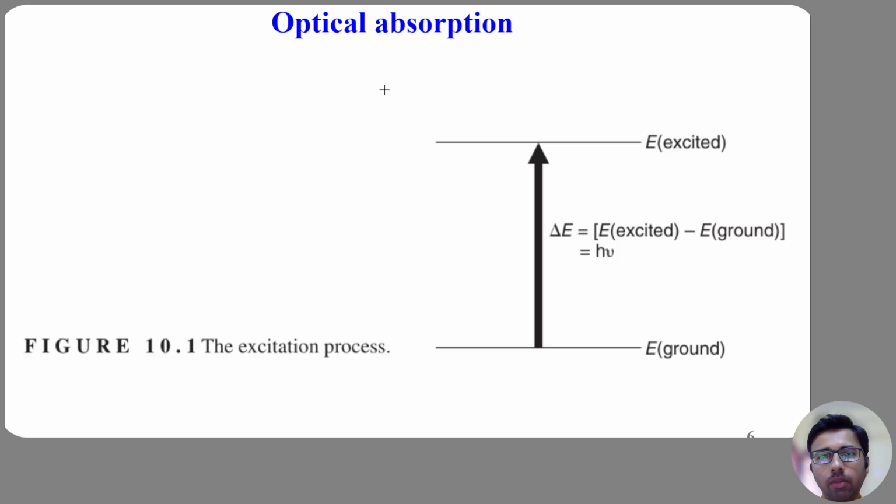The energy difference between them is called delta E. For absorption to occur, the photon energy must satisfy h nu equals delta E, or mathematically h nu equals E excited minus E ground. This precise matching condition is a fundamental principle behind all absorption spectra. Every spectral line we observe is a direct signature of quantized energy spacing within a molecule or material.